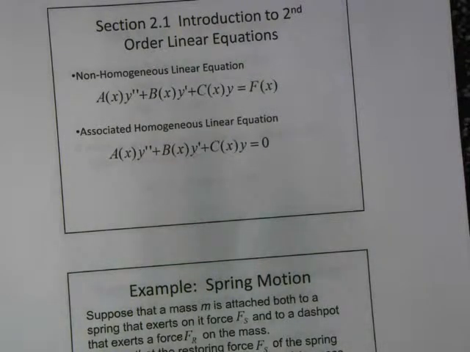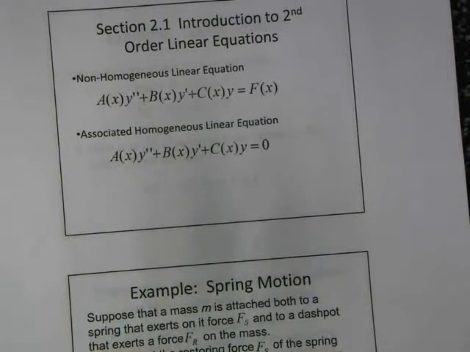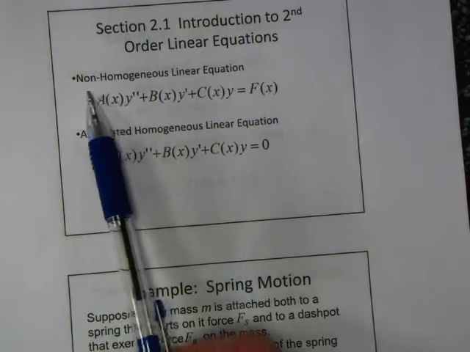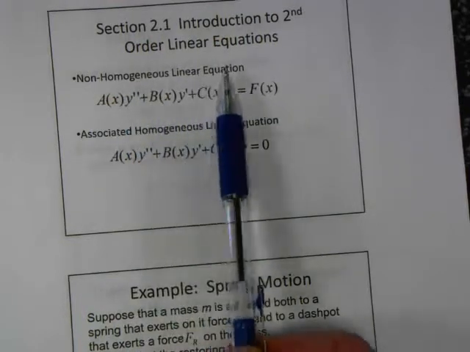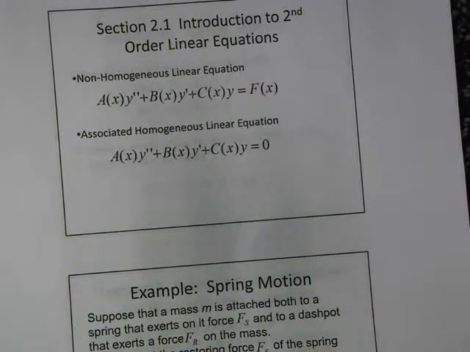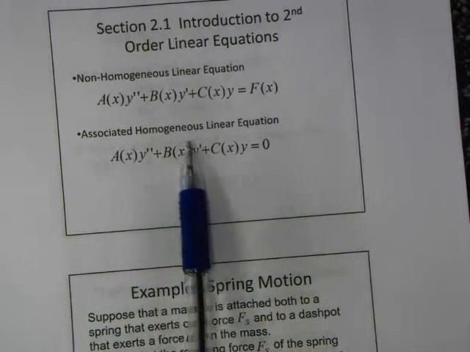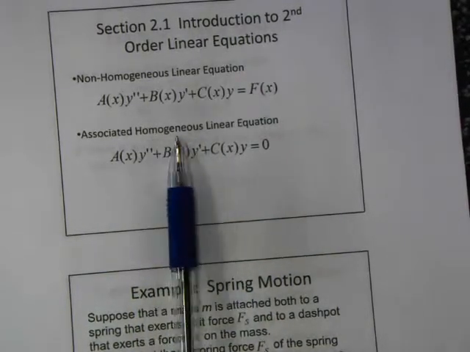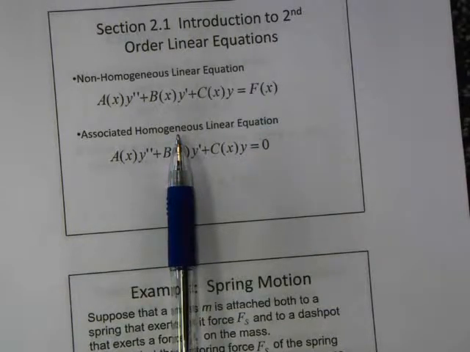In Chapter 2, we are going to deal with second-order differential equations. And what makes an equation a second-order differential equation? It has a second derivative, that's correct, y double prime. So we're going to talk about non-homogeneous linear equations and their associated homogeneous linear equations. The word homogeneous in Chapter 2 does not mean the same thing as the word homogeneous meant in Chapter 1.